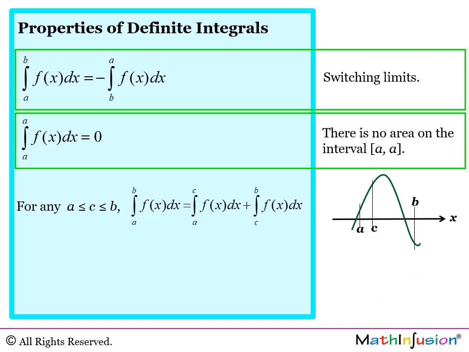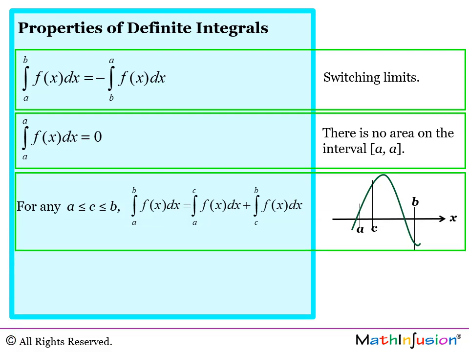Because I can decide, for example, to take this c, because it's between a and b, and instead of evaluating one integral between a and b, I can get two integrals. The first one between a and c and the second one between c and b. And then I can repeat the process, so actually I can chop any interval ab into as many subintervals as I like, and each one of them will have its own integral.